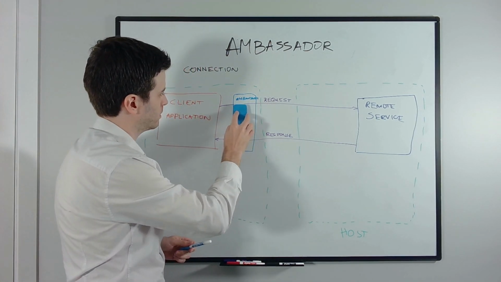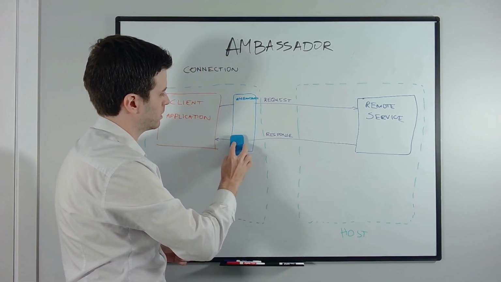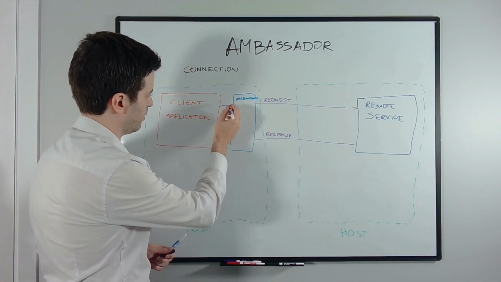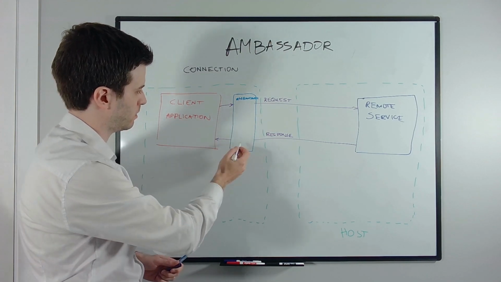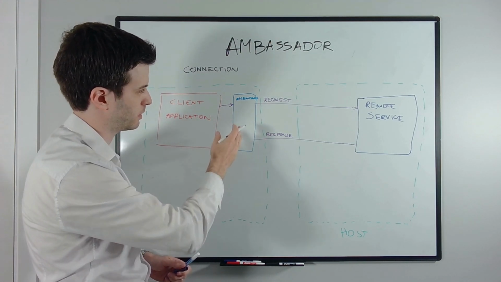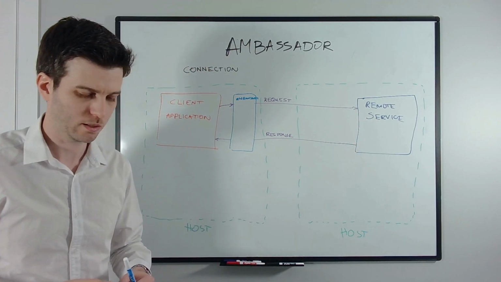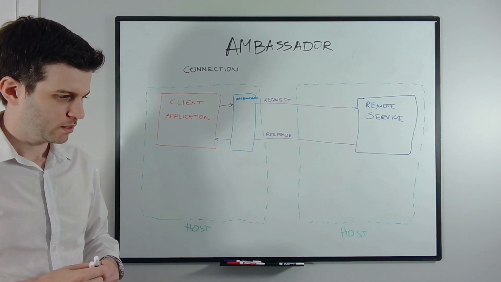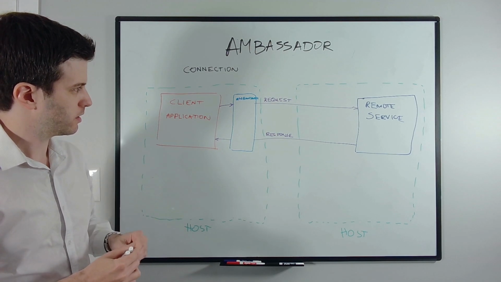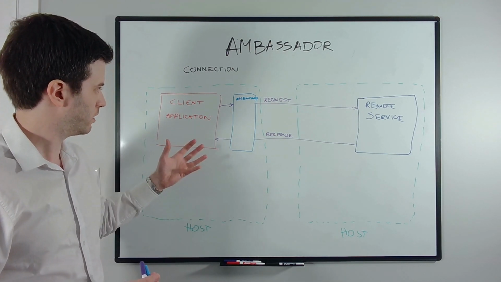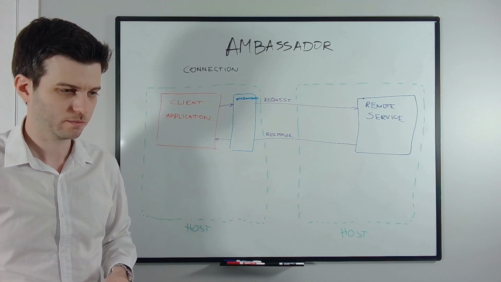So instead of talking directly to the remote service, our application will now be sending requests to the ambassador and receiving the responses from the ambassador, and the ambassador will be the one talking to the remote service. So it's an out-of-process service that is working on behalf of the client.